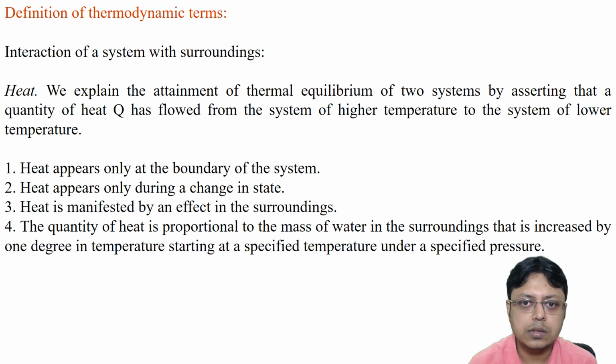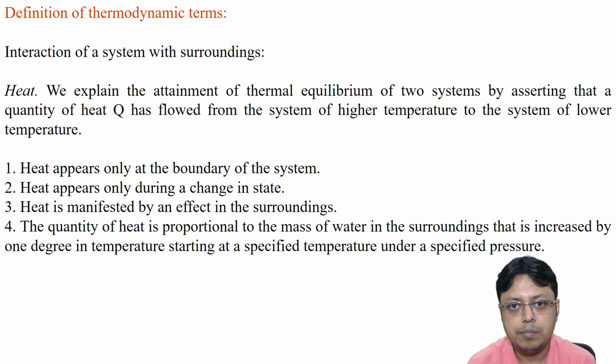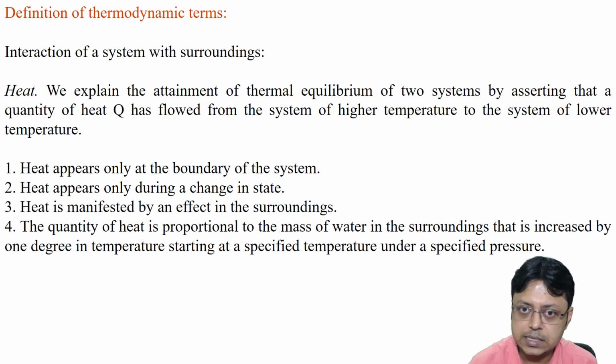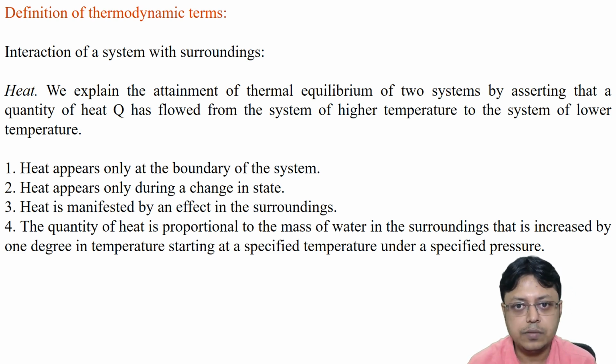Why water? Because the specific heat of water is maximum, and for a finite change in temperature we need a sufficient amount of energy, which is heat in this case, to raise the temperature of water. So that's just an operational concept of how we'll measure heat.